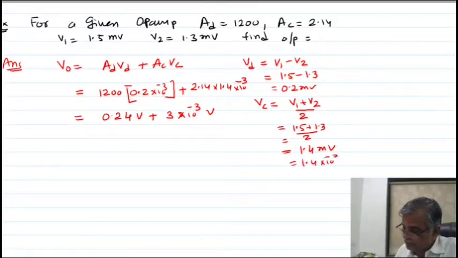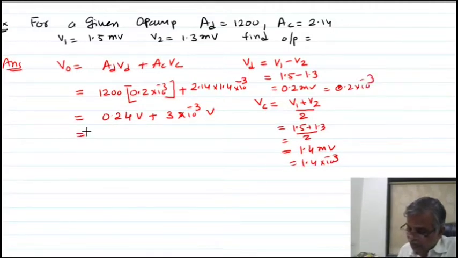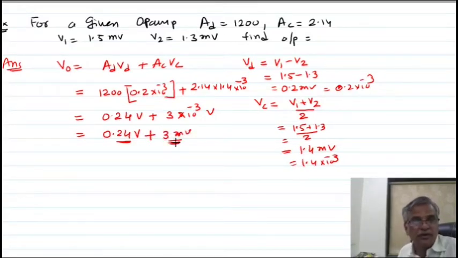1.4 into 10 raised to minus 3. This is 0.2 into 10 raised to minus 3. So your output voltage is 0.24 volt due to differential gain, and this is 3 millivolt for the common mode gain. So this is called error, and it is very less.